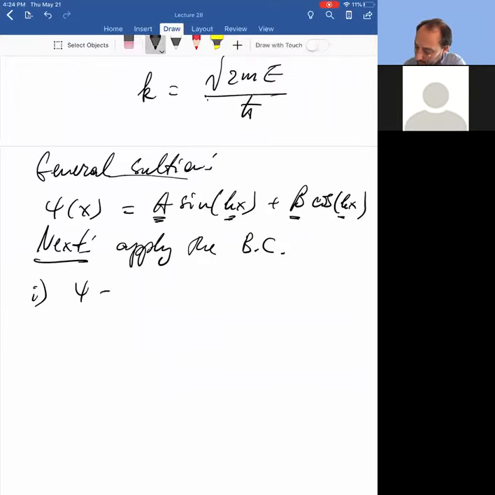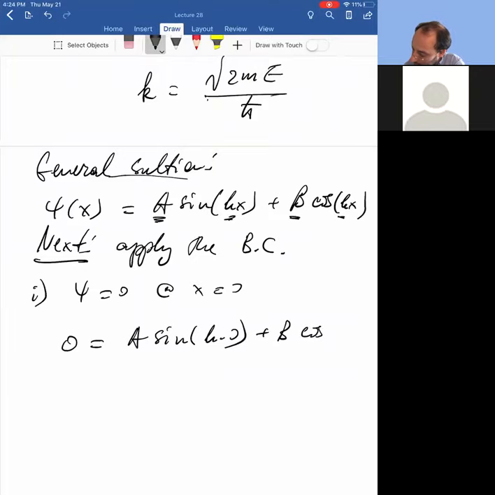So wave function equals 0 at x equals 0. Okay, 0 equals a sine k times 0 plus b cosine k times 0. This is 0 and this is 1. So this tells me that b must be 0.